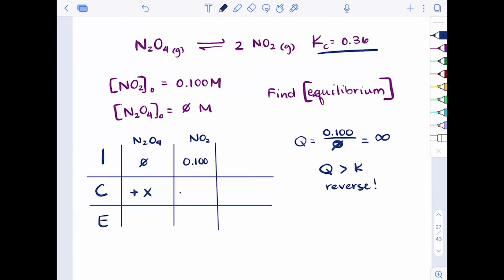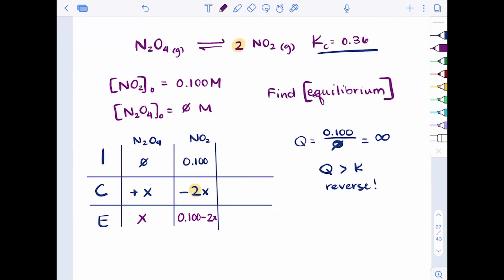Plus X, minus 2X. The 2 again is from the balanced chemical equation. So our equilibrium concentration for N2O4, we'll simply say is X. For NO2, it's 0.1 minus 2X.